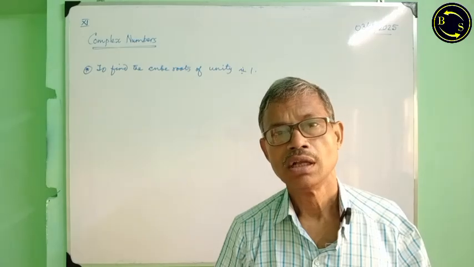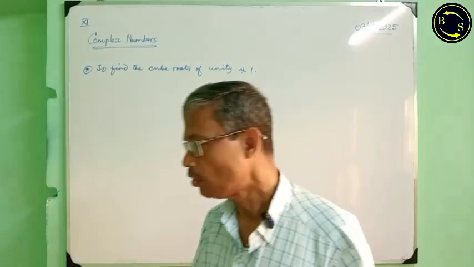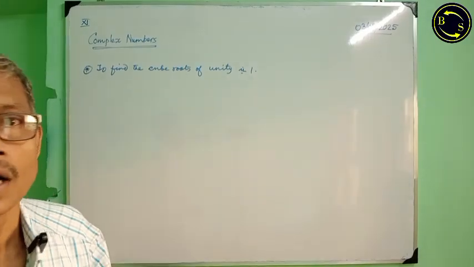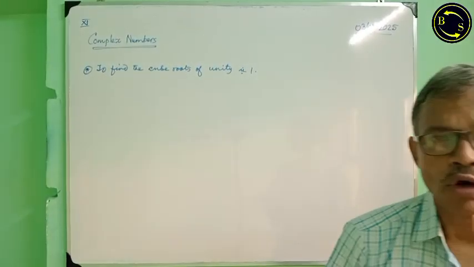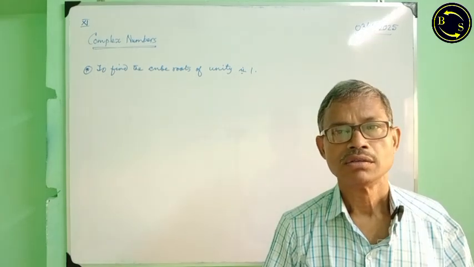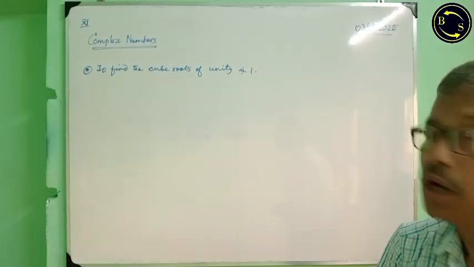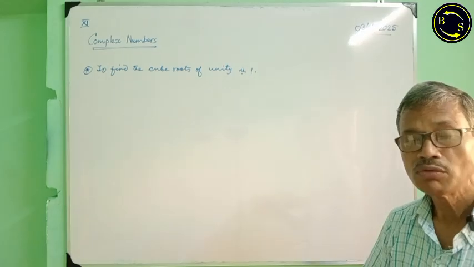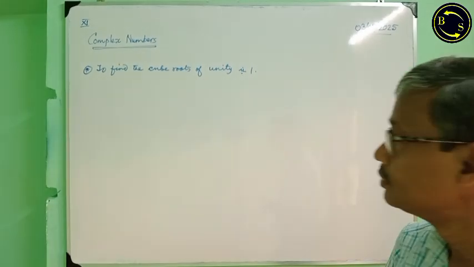In our general knowledge, if you are asked to say what will be the cube root of 1, I think most of the students will answer cube root will be 1. But now let us see what will be the cube roots of 1.